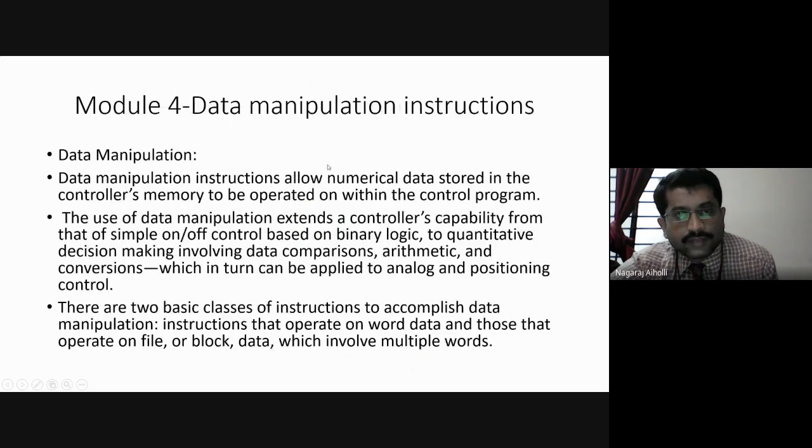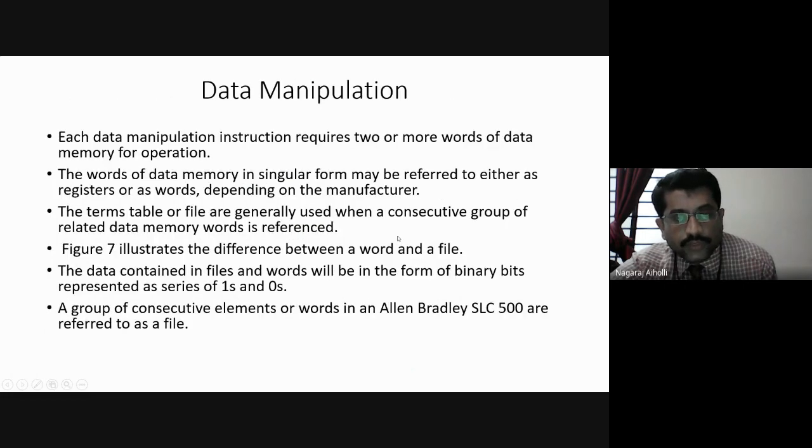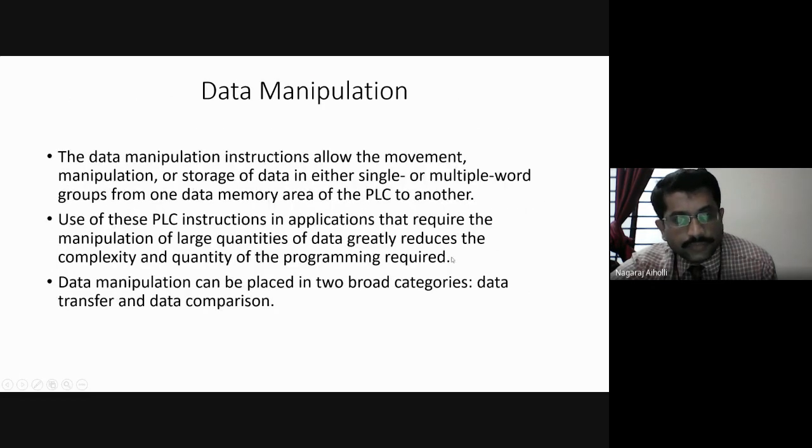And then next are the data manipulation instructions. We have seen which are the data manipulation instructions, for moving data from one memory to another memory, or performing data comparison. We compare the data stored in two memory locations, whether one is greater than, less than, or equal to the other.